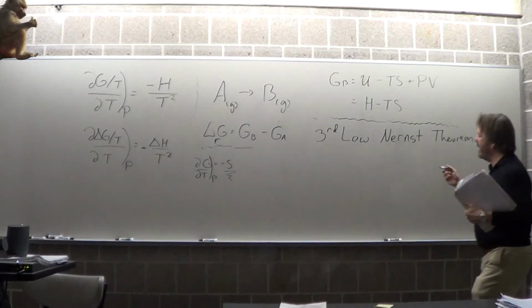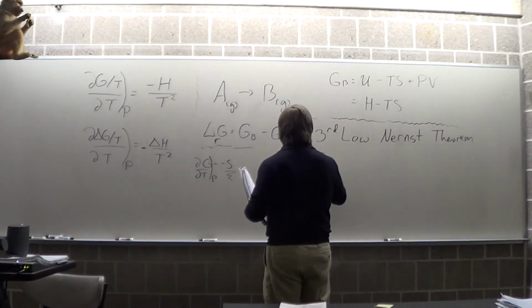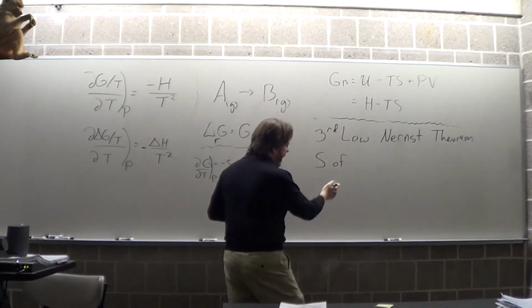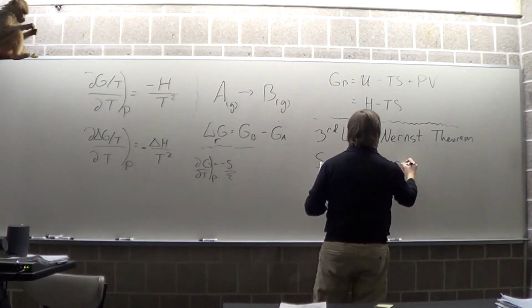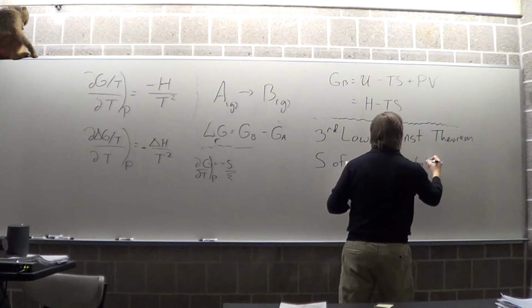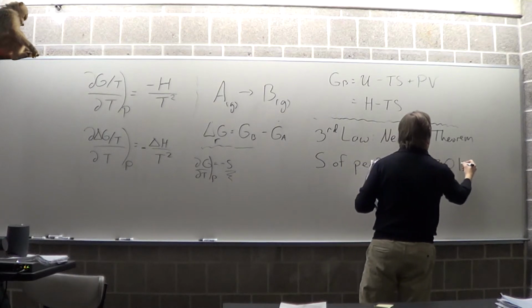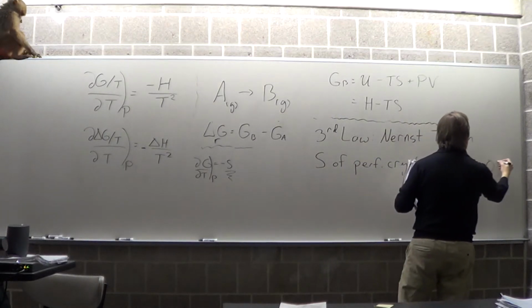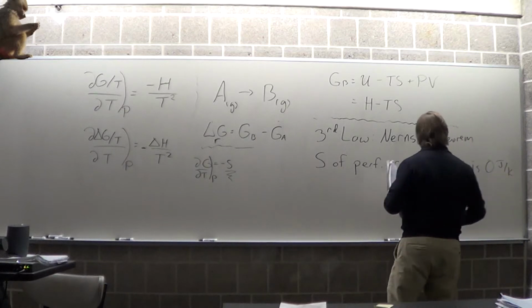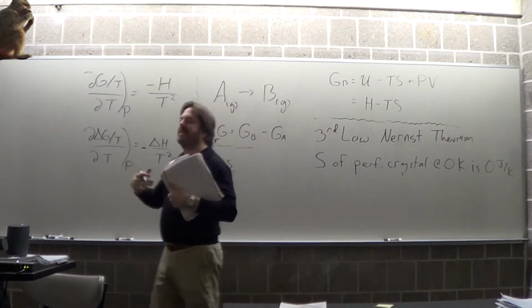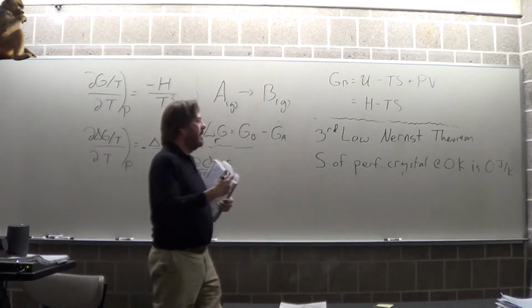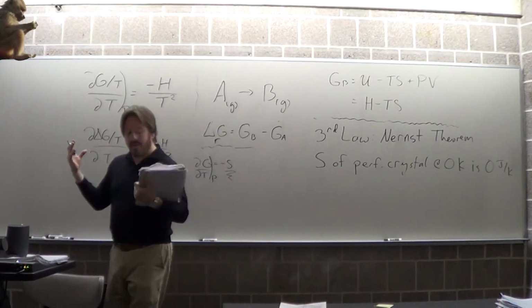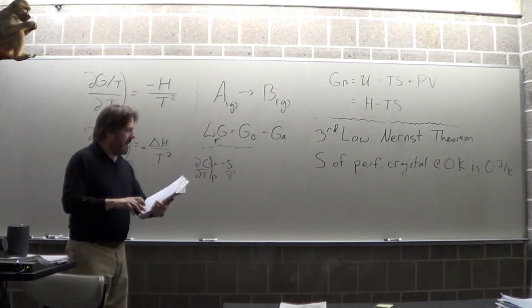Now, what he said was that the entropy of a perfect crystal at 0 K is 0 joules per K. That's the Nernst theorem, which is also simultaneously the third law. For some reason a law is also a theorem, but what do I know?